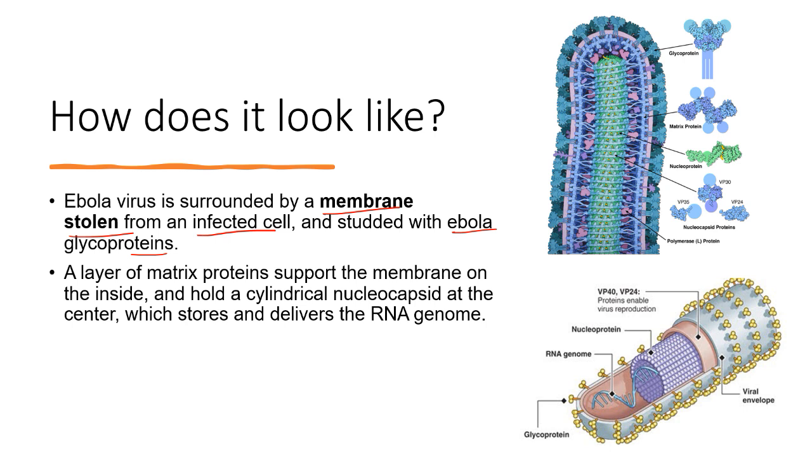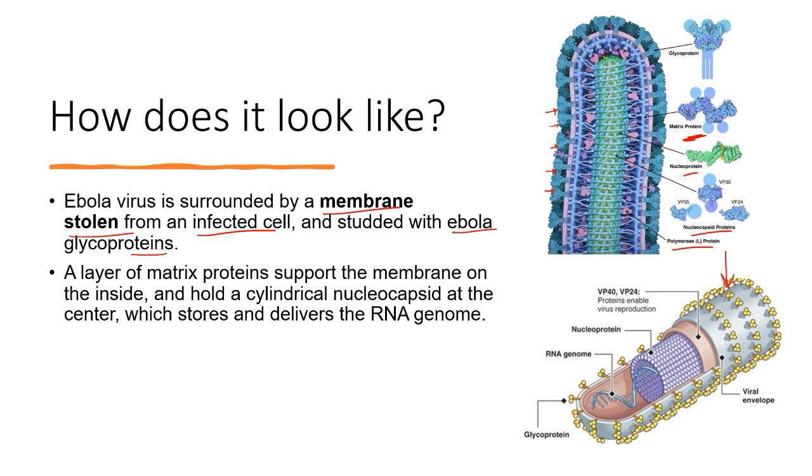You can see the cauliflower-like structures. These blue-colored things are the glycoproteins surrounding it, and there is a matrix protein inside of which there is a nucleoprotein, and inside there are other components like VP30, VP24, and VP35, which are known as nucleocapsid proteins. This virus also carries its own polymerase protein. This is a schematic drawing.